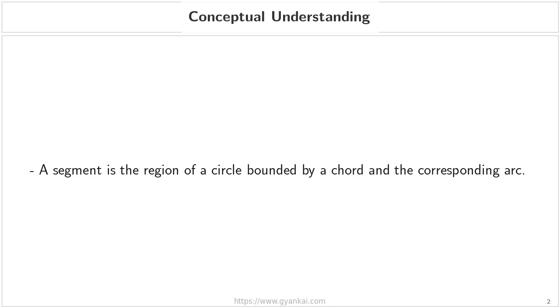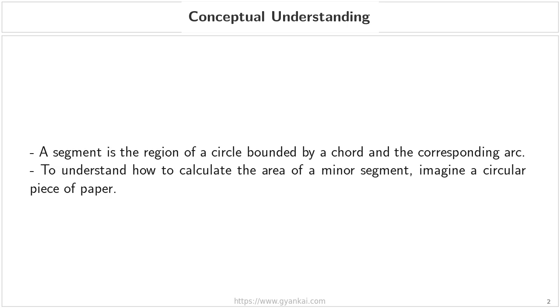Conceptual understanding. Now that we've refreshed our memory on what a sector looks like, let's move on to slide 2 to build our conceptual understanding of the segment. First, let's define what we are actually looking at. A segment is simply the region of a circle that is bounded by a chord and its corresponding arc.